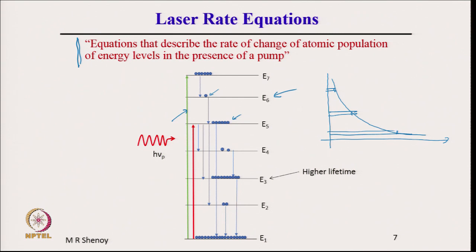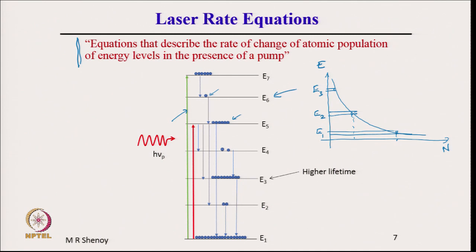This is the exponential drop. So, what I have plotted here is energy E versus the number, the number of atoms in levels of energy E1, E2, E3 and so on. But in this diagram you see that E3 has a much larger number of atoms than E2, and similarly E5 has a larger number of atoms than E4. This is possible depending on the lifetime of the levels.